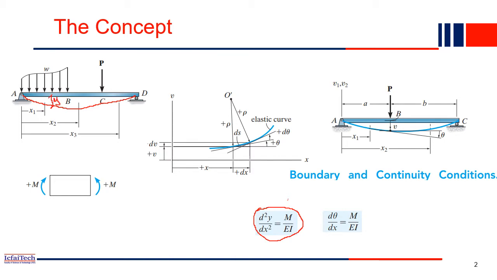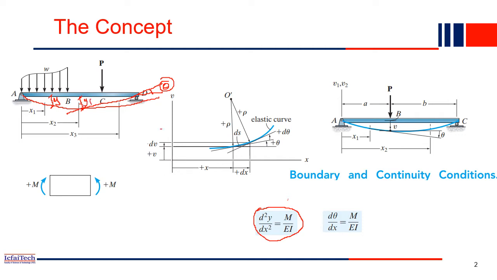And the slope at any point: just draw a tangent at that particular point, and see what angle it makes with the horizontal, right? This is the horizontal. Theta. So at this point you have the slope theta, whereas the deflection at this point is maybe y1, right?